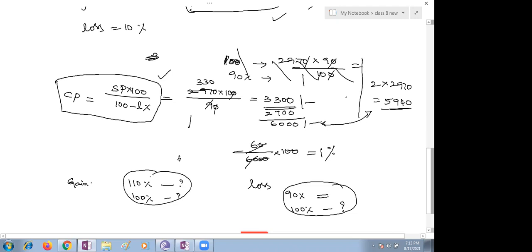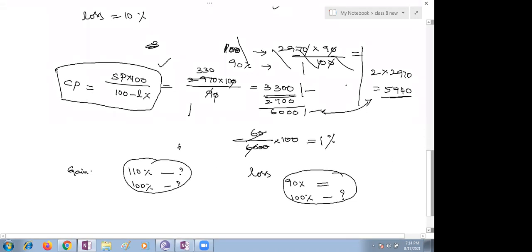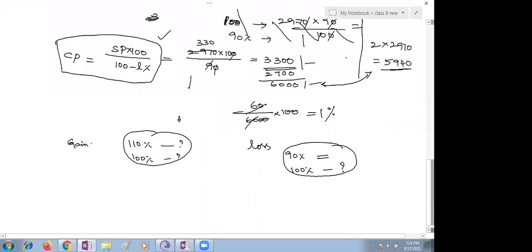Suppose Shreya, the question is like 425. If you take 100% as 425, she gained 10%.